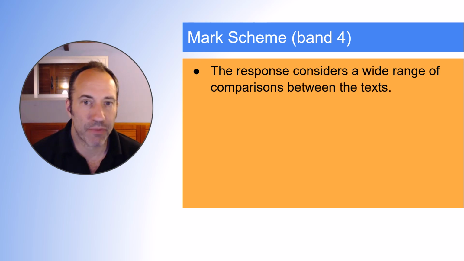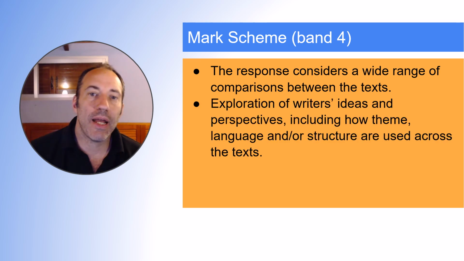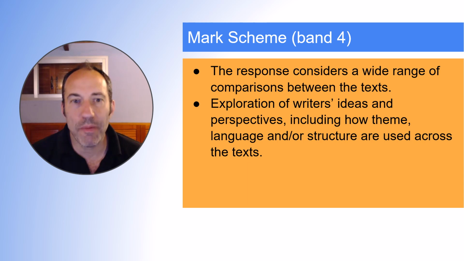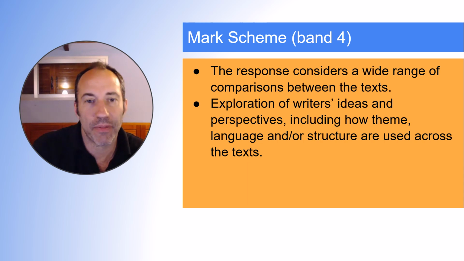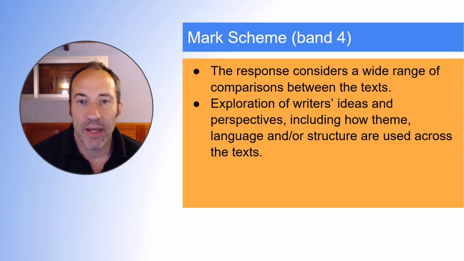That's reasonable, that's realistic. The second bullet point is an exploration of writers' ideas and perspectives, including how theme, language, and or structure are used across the text. And this is just reiterating, it is all about their ideas and perspectives. It's not about what they say, it's about what they think about what they're talking about.